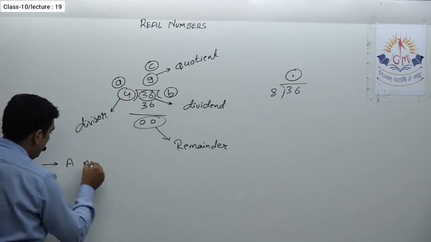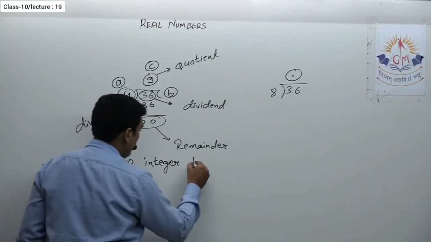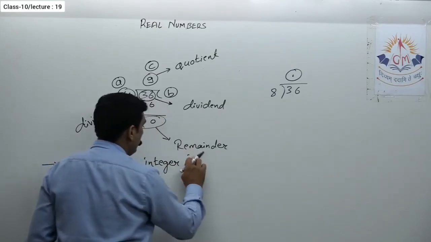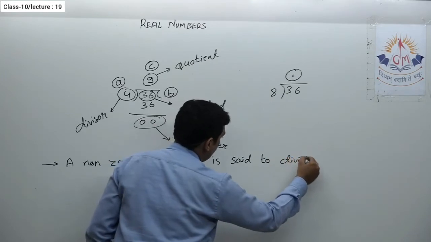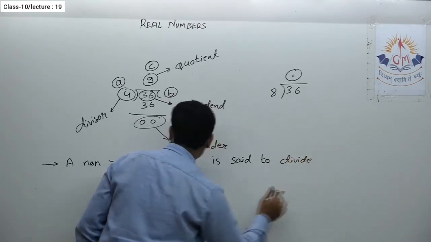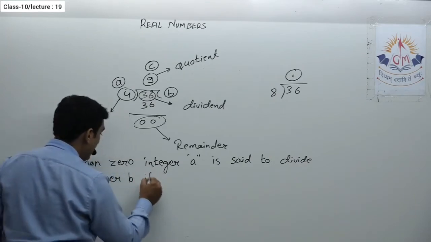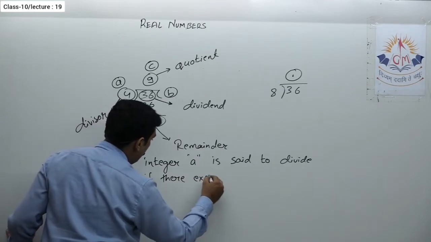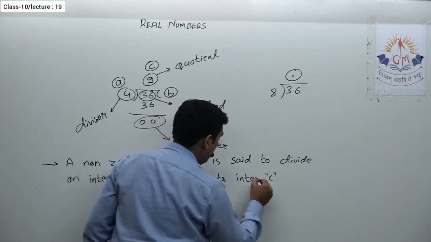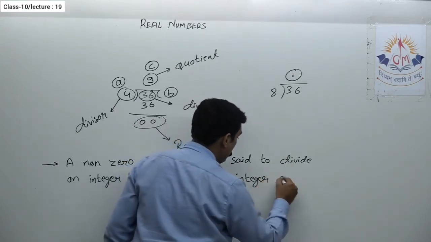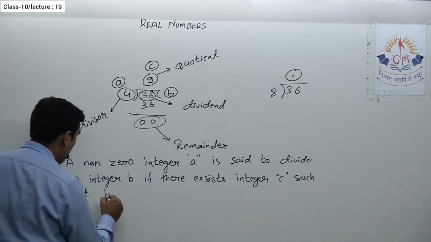A non-zero integer A is said to divide an integer B if there exists an integer C such that B is equal to AC.